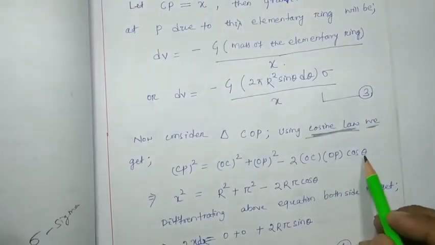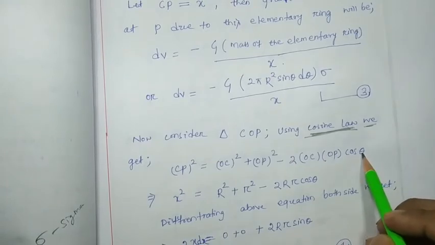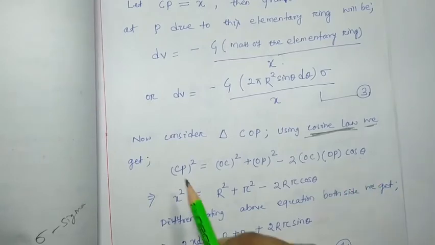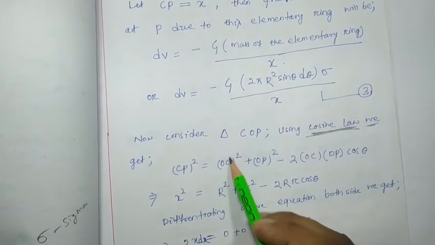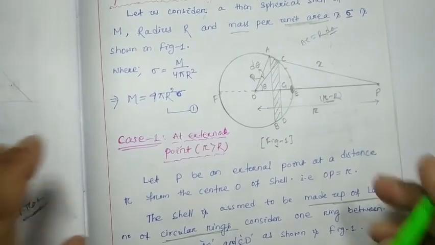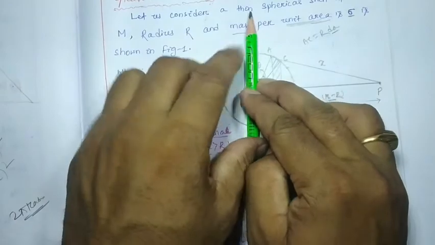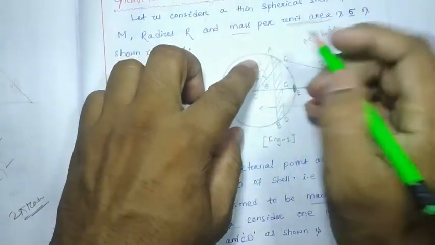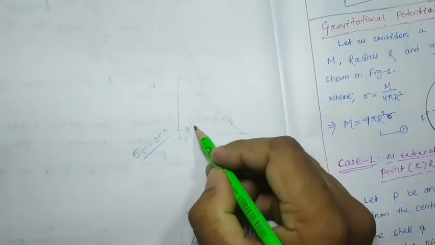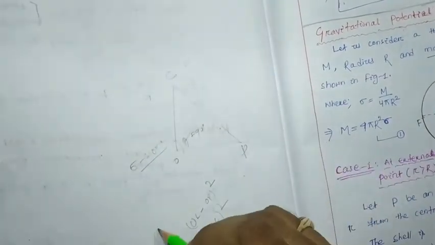If theta equals 90 degrees, then cos 90 degrees will be 0. The CP square will be equal to OC square plus OP square. I am going to show you. If theta equals 90 degrees, C will be here, so this will be the triangle OCP.